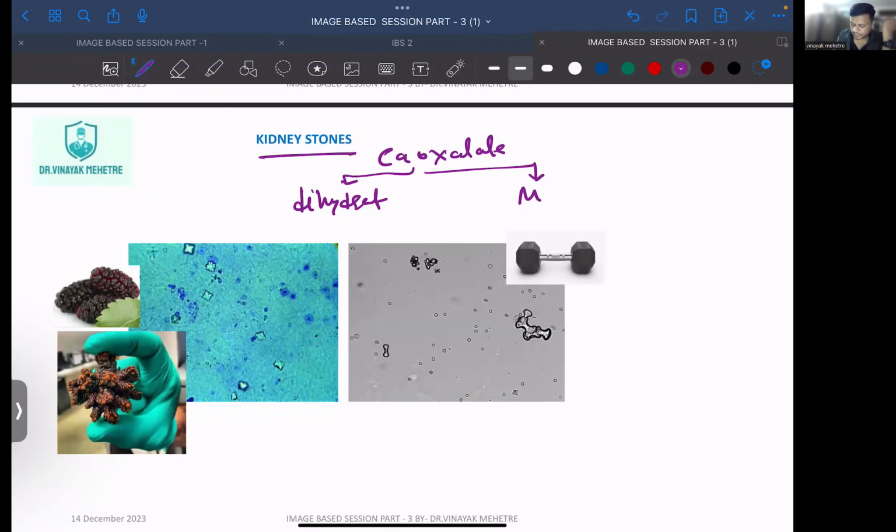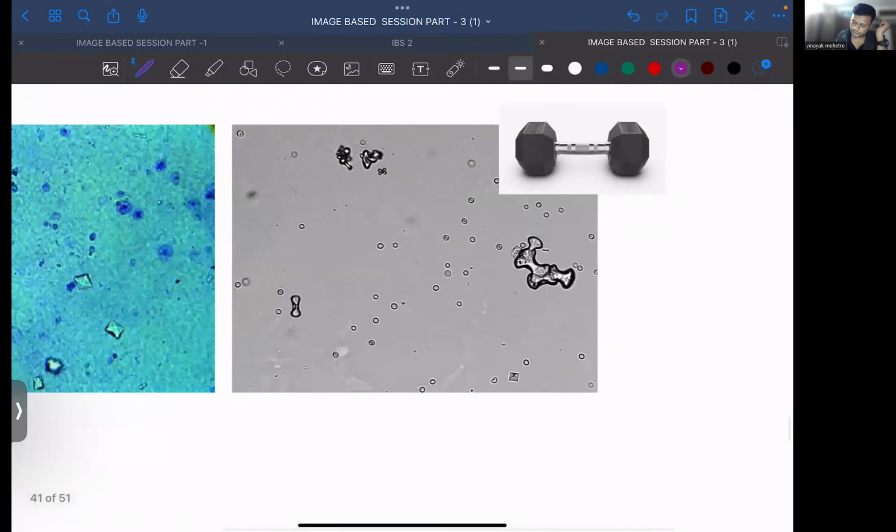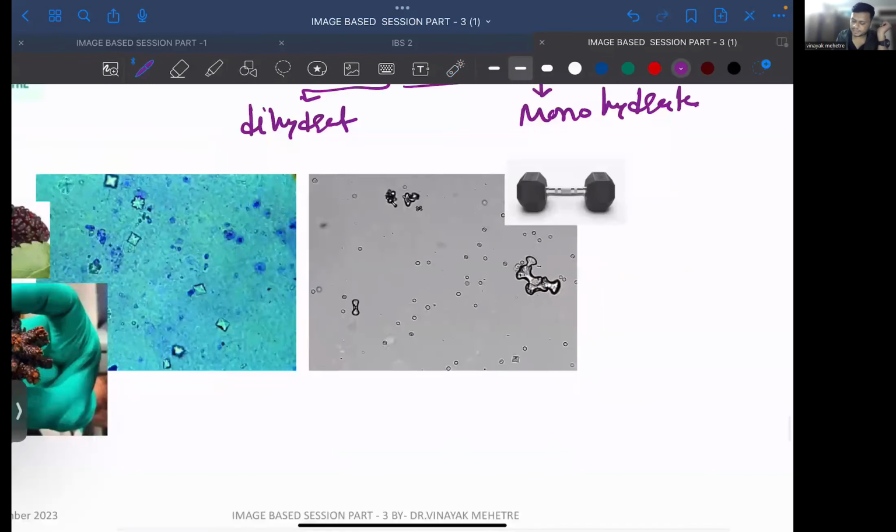Monohydrate stones will look like what? Take a look over here. They will look something like this, right? Over here also, this is called as dumbbell shaped.